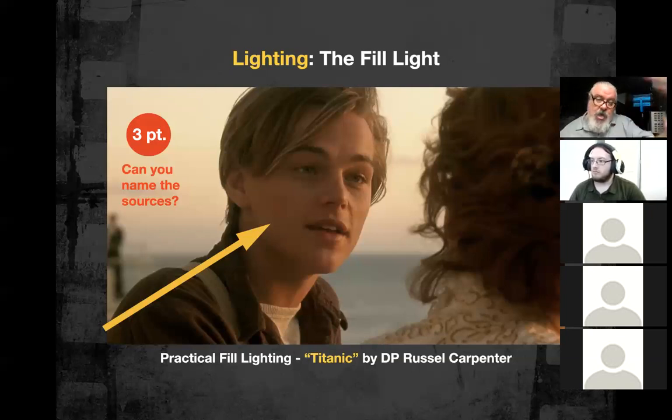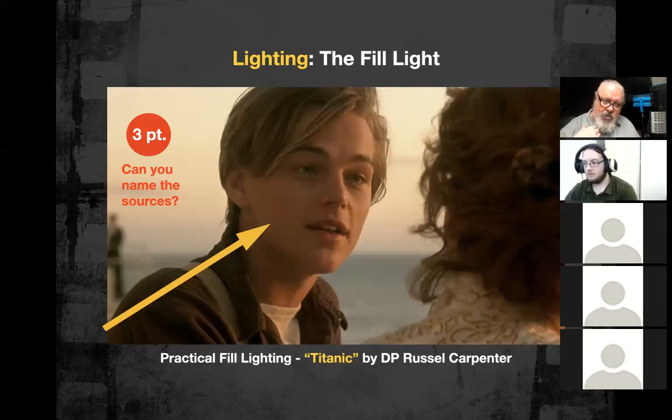And then the sky in the background is its own light source altogether. And it's providing the separation of Leo against his background and giving us the effect of an edge light by reversing out the foreground object from the background by making the background brighter than the foreground, right? So in essence, it's acting like a third light source, and it's acting like an edge light.